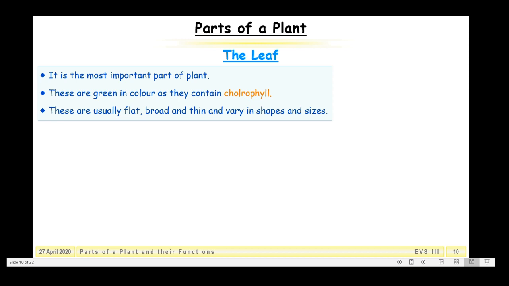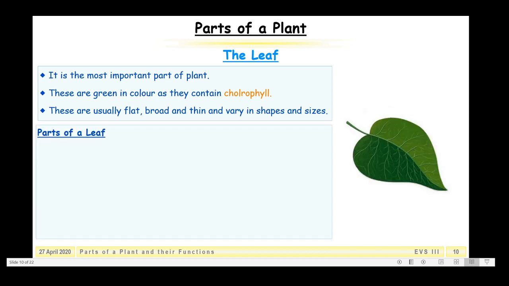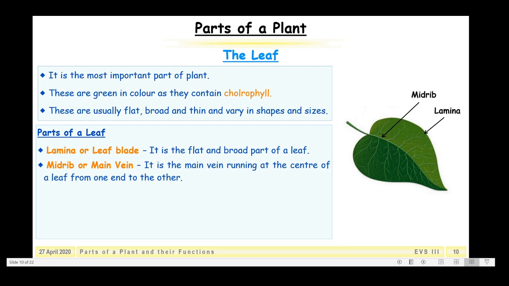So let us see what are the various parts of a leaf. So the first part is the lamina or leaf blade. It is the flat and broad part of the leaf. This flat and broad part of the leaf is called the lamina or the leaf blade. And then next is the midrib.